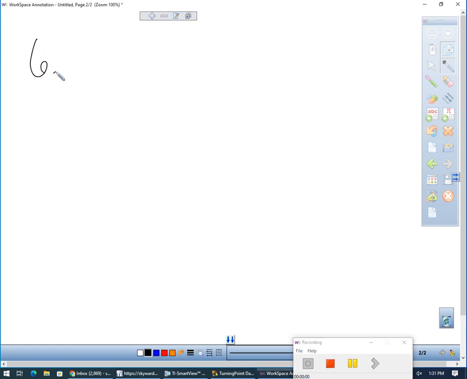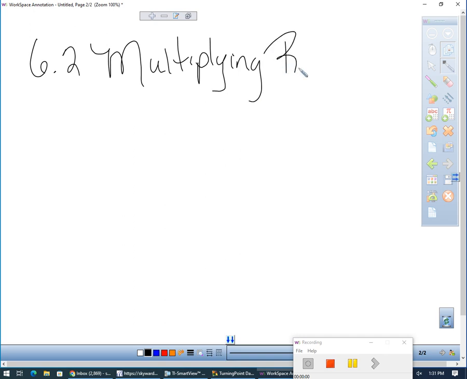Going to talk about multiplying radicals. The one major rule we have to follow today is in order to multiply radicals, they have to have the same dimension.